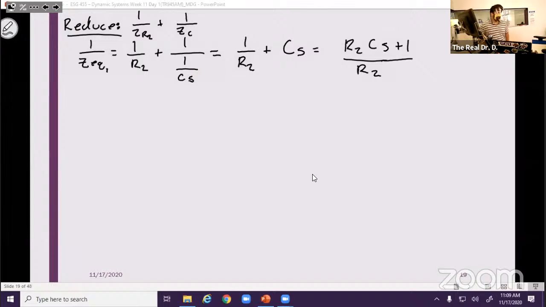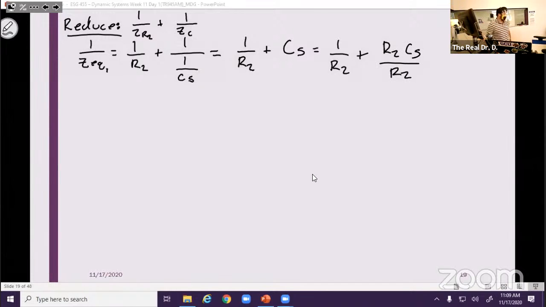All right. So common denominator, multiply CS by R2 over R2, right? So I get R2 CS plus 1 over R2. Everybody cool with that? Let's take a step here. 1 over R2 plus R2 CS over R2.